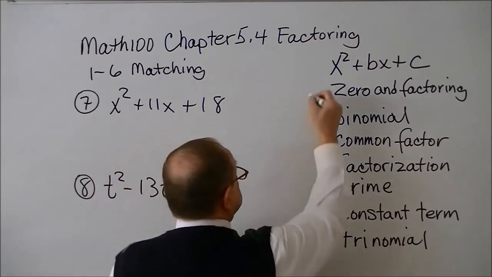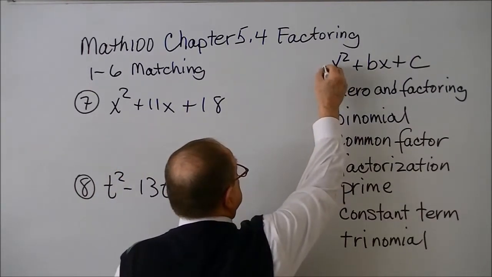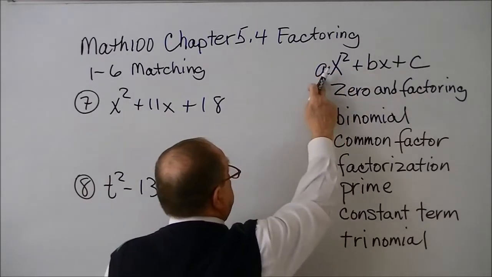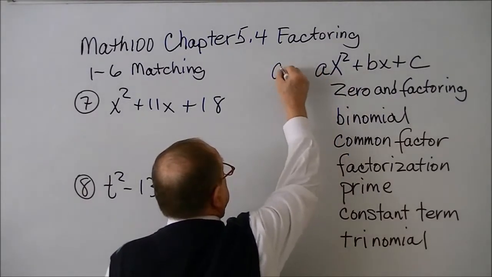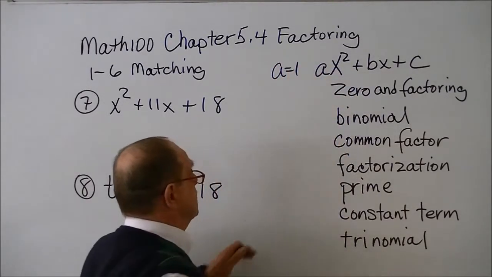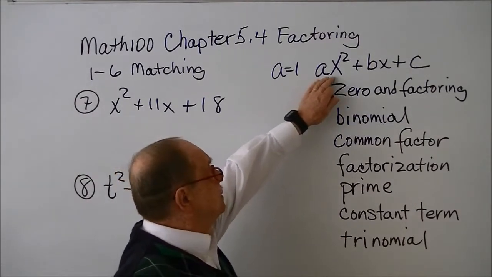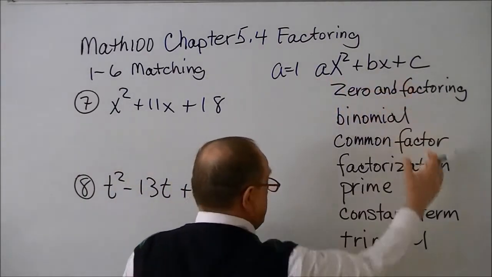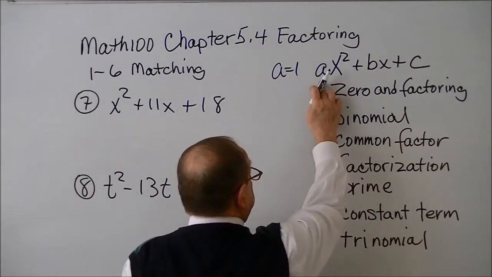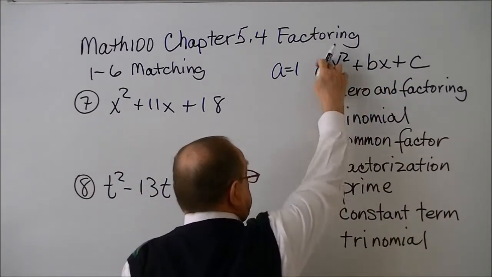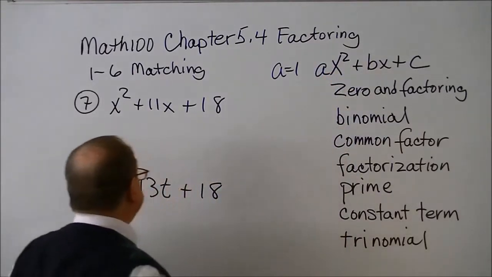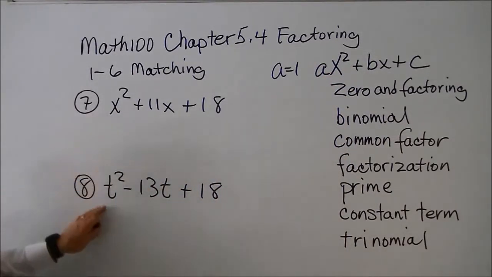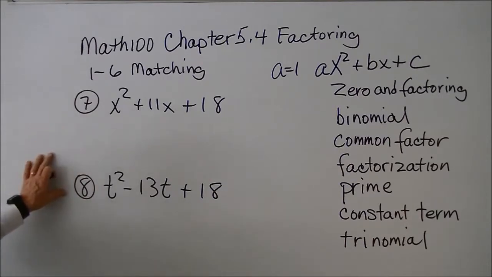And in a sense, the letter A is here, and A equals 1 in this case. So our first term of the trinomial is going to be x squared. So 1x squared. And that's what we see here in examples 7 and 8.